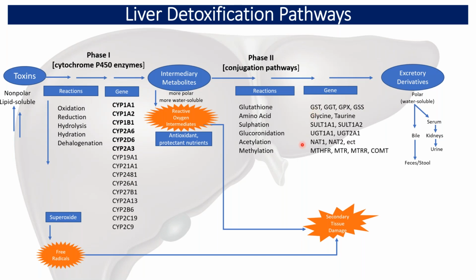So if you see a variation, a SNP in any one of these genes, you'll have an idea of what those genes should be doing. A SNP will determine whether things are upregulated or downregulated. We'll talk about that as well.